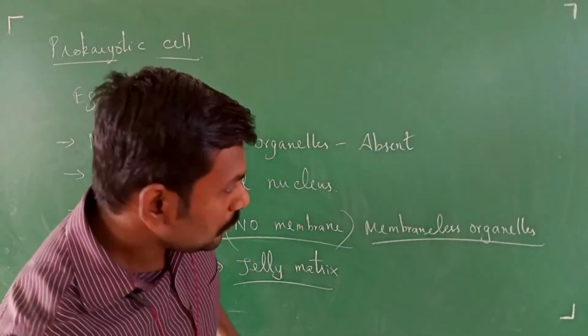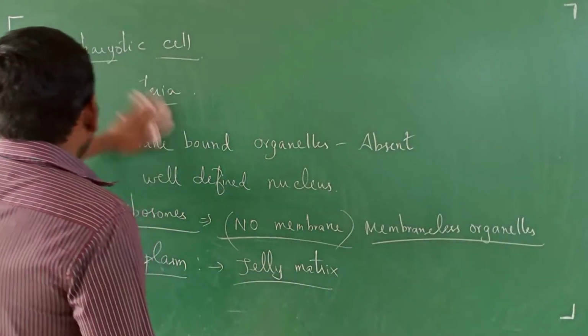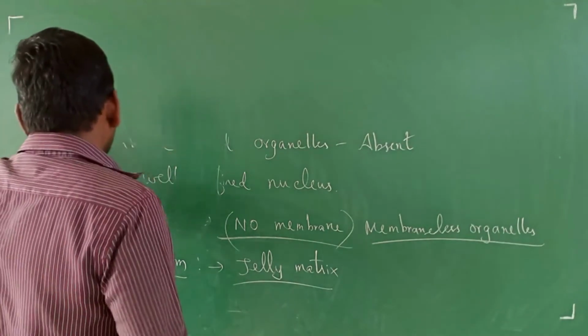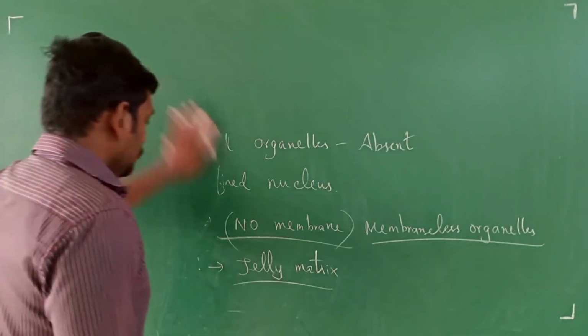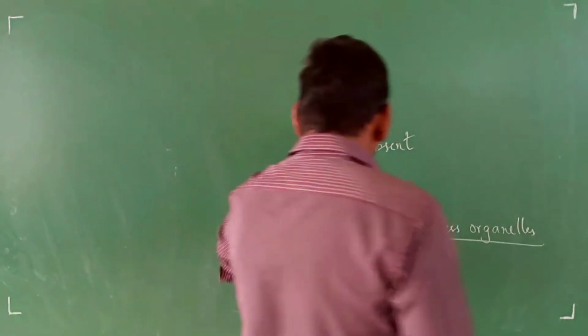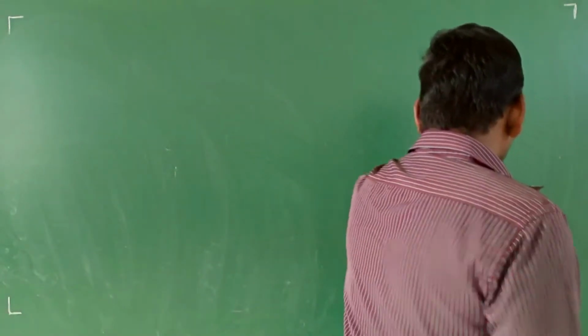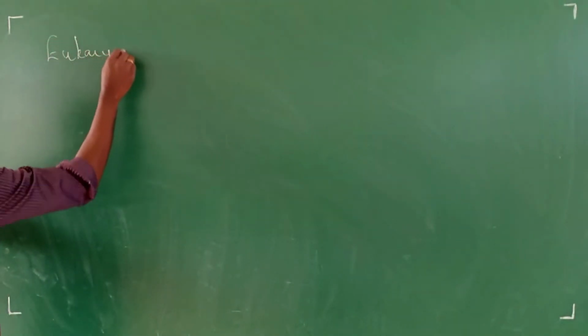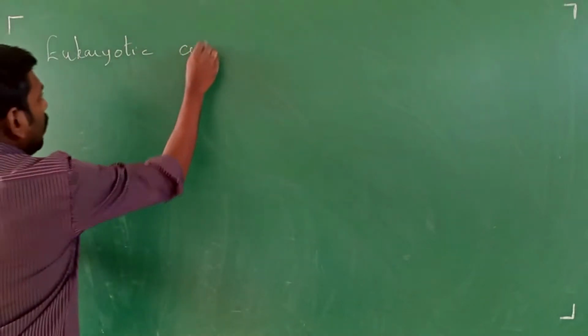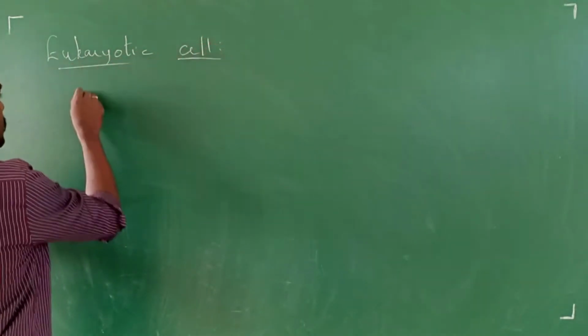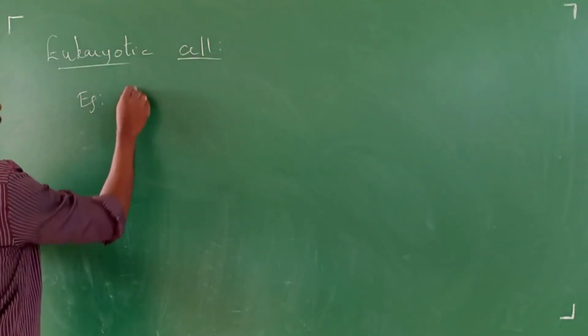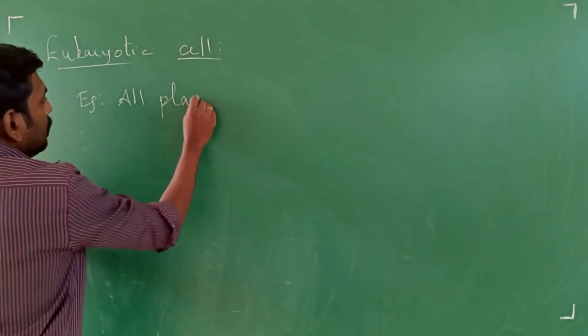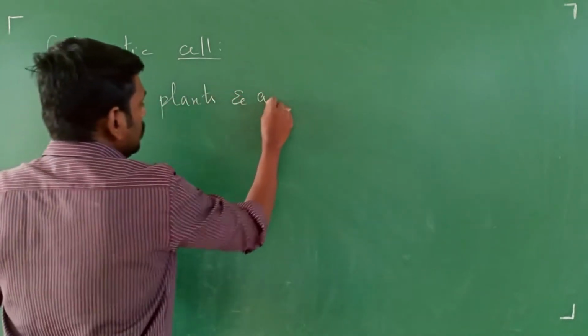Now we will see an overview of the eukaryotic cell. Examples of eukaryotic cells are all plant and animal cells.